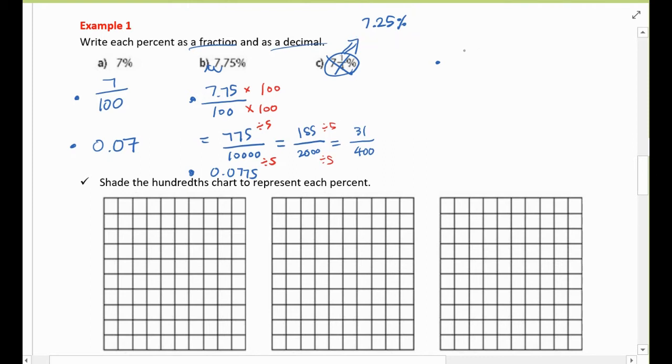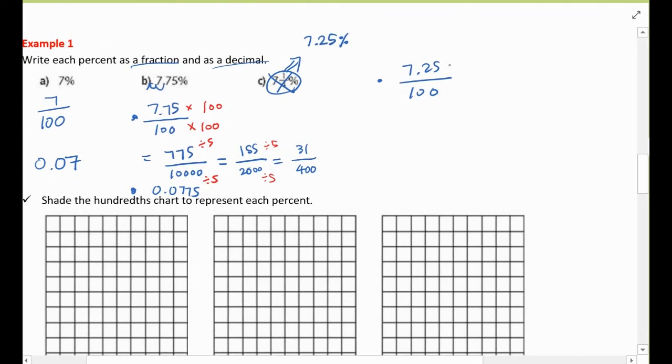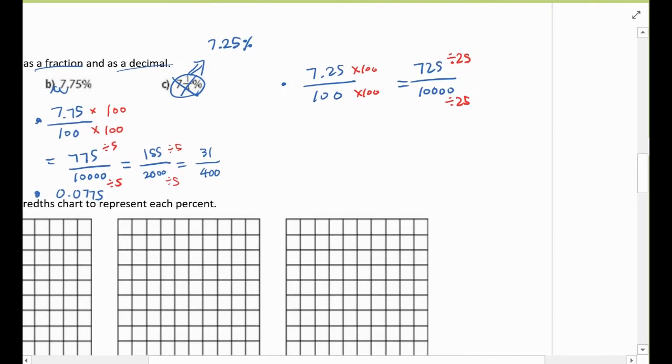So 7.25%. Let's change this to a fraction. 7.25 over 100. So what you do is just get rid of percent, make it out of 100, like this. And again, we don't really like to have a decimal number in a fraction. Multiply by 100, that becomes 725 over 10,000. And let's divide both numbers, this time we're just going to do it at once, by 25. 725 divided by 25 is 29.